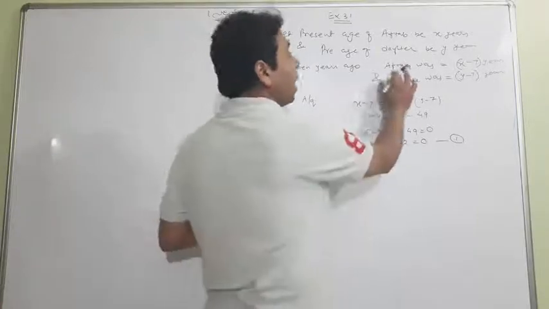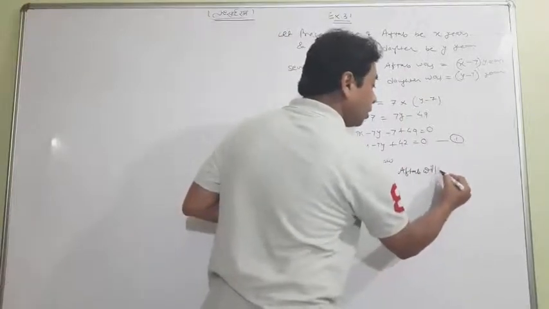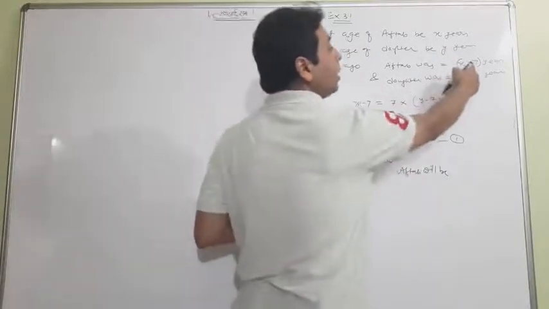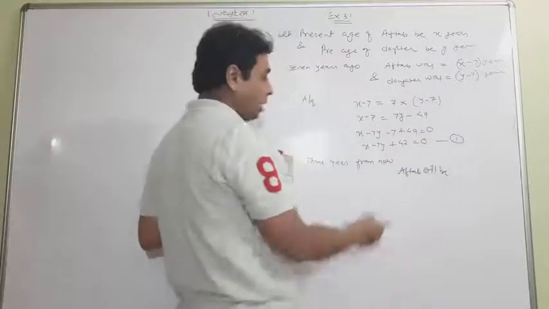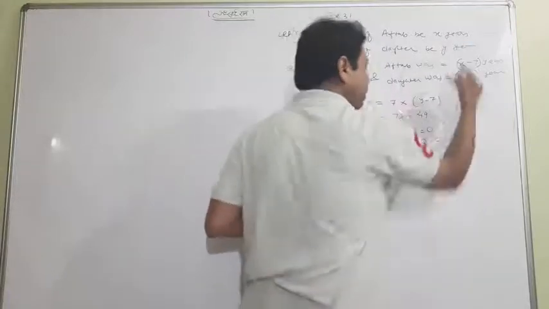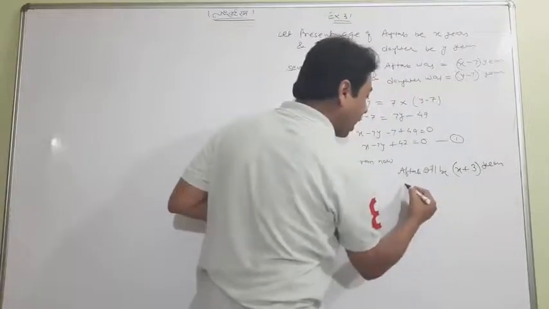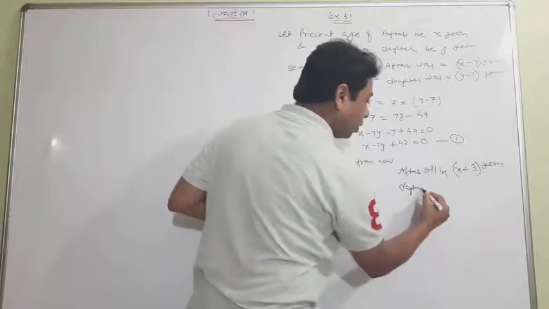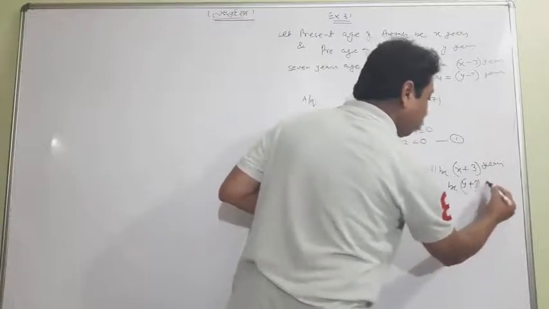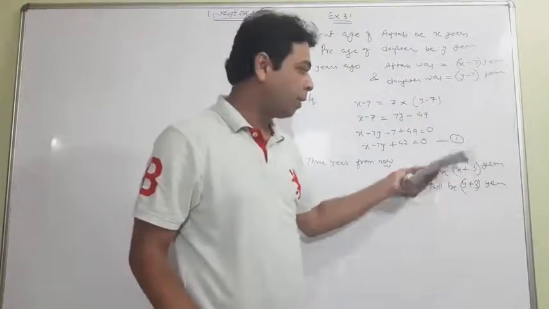Today they are x and y; 7 years ago they were x minus 7 and y minus 7; after 3 years, Aftab will be x plus 3 and the daughter will be y plus 3. Both exceed by 3 years.